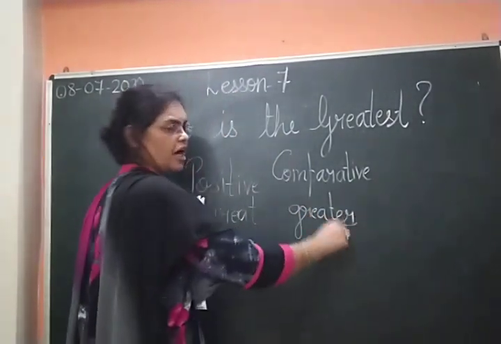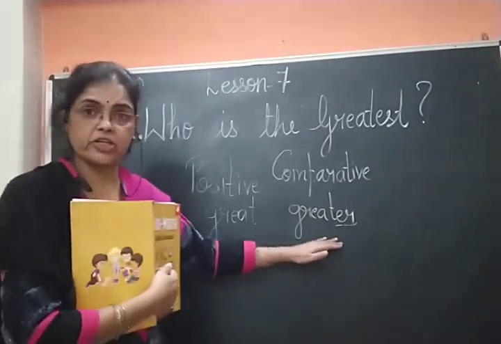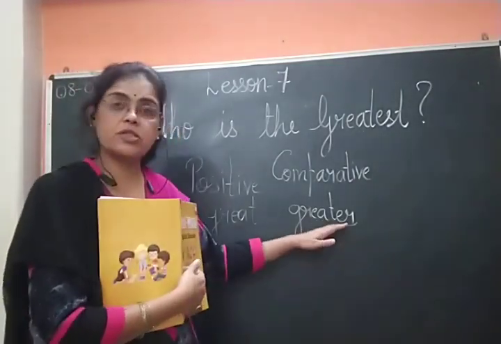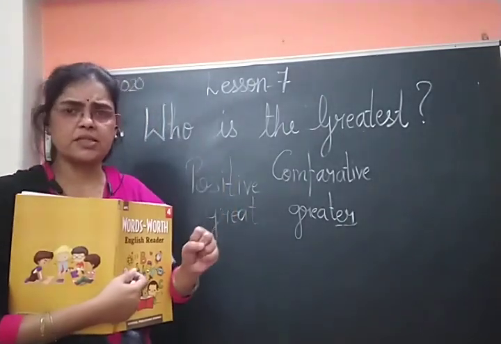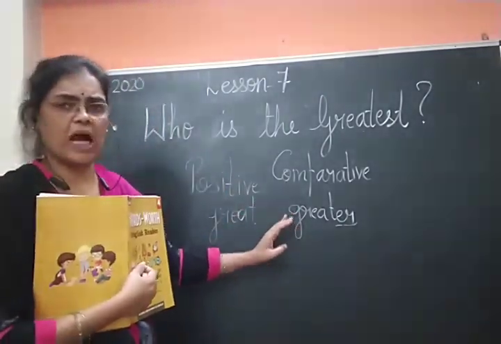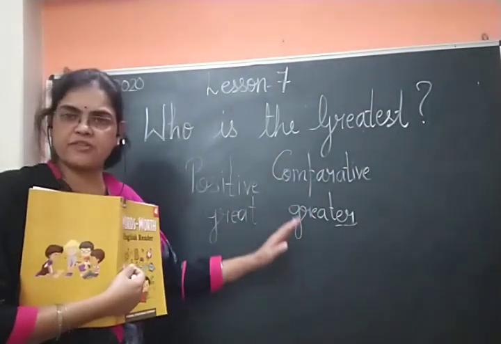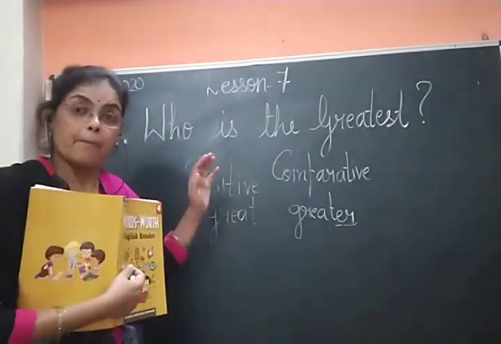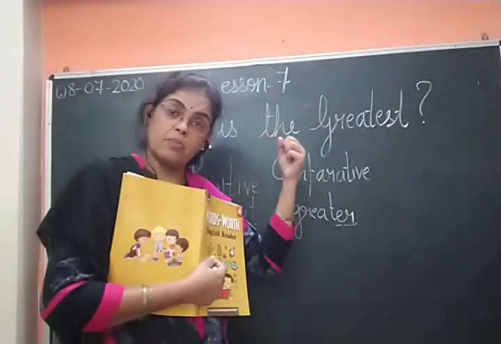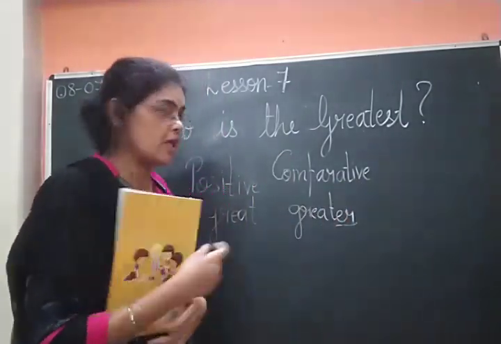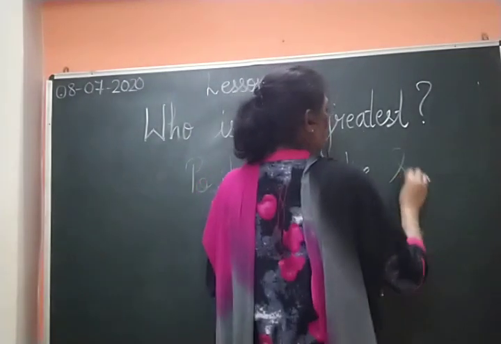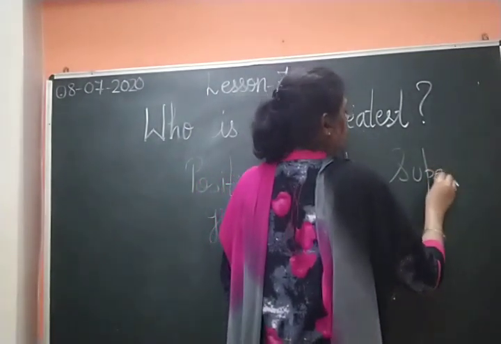ग्रेट में हमने ER ऐड किया तो हो गया ग्रेटर. और ग्रेटर हम कब यूज करेंगे? When there is a comparison between two things or two persons. जहाँ दो होंगे वहीं पे comparative degree of adjective usually. But if there are more than two objects or persons, then we will be using the superlative degree of adjective.